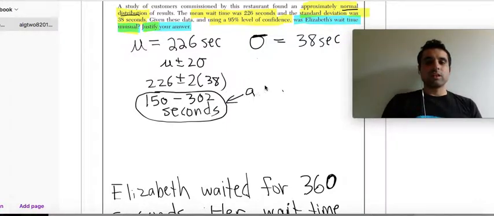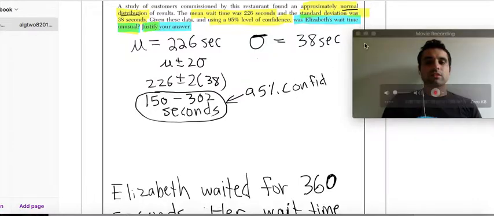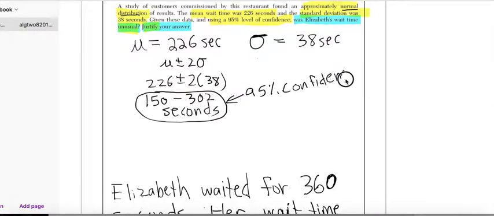This is the 95% confidence interval or level.